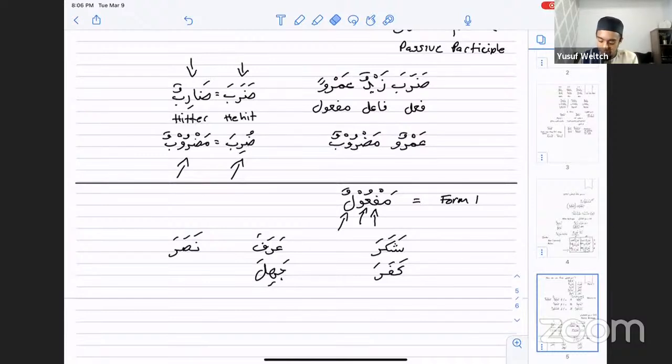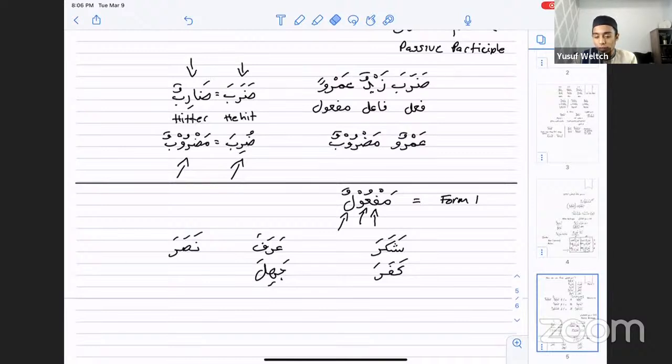Ma'rufun. Ma'ruf. How would you translate ma'ruf? What does arafa mean? Recognition. He recognized or he knew, yeah. So ma'ruf is? He was known. He was known would be urifa. Right.